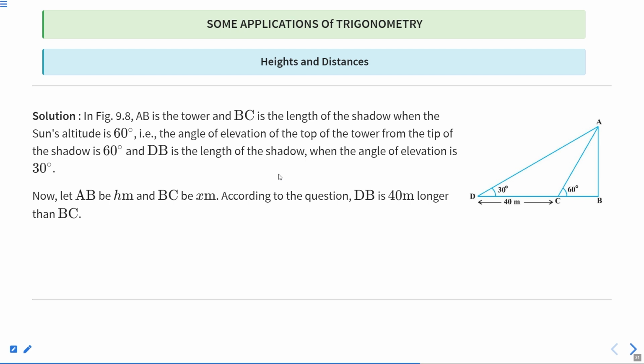Now let AB be h meter and BC be x meter. According to the question, DB is 40 meter longer than BC.